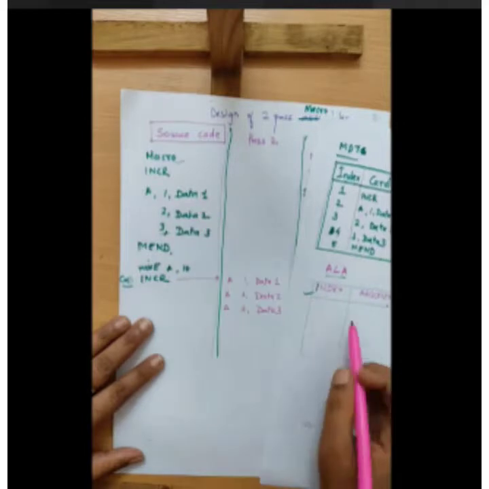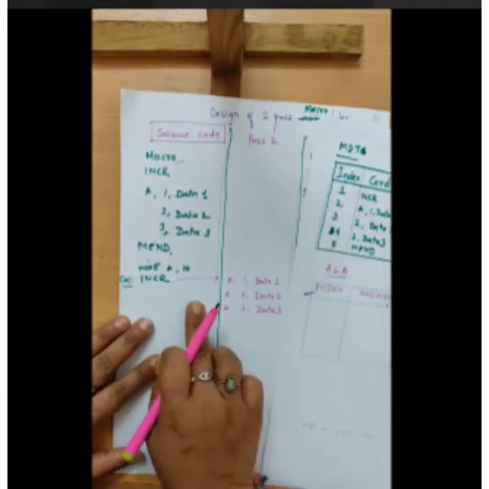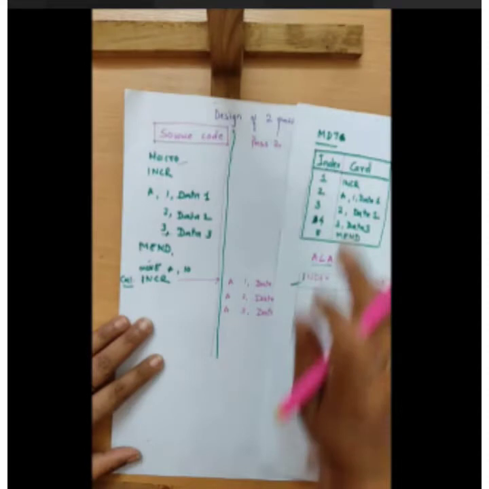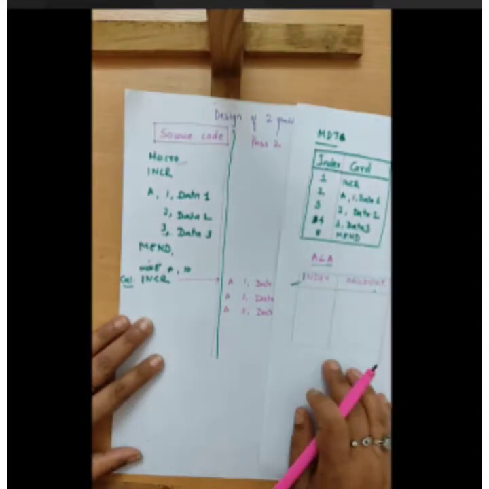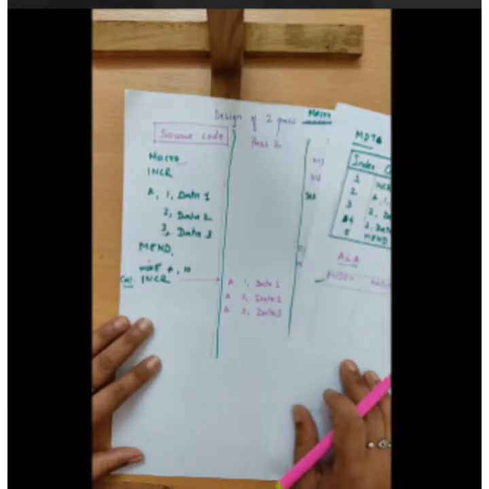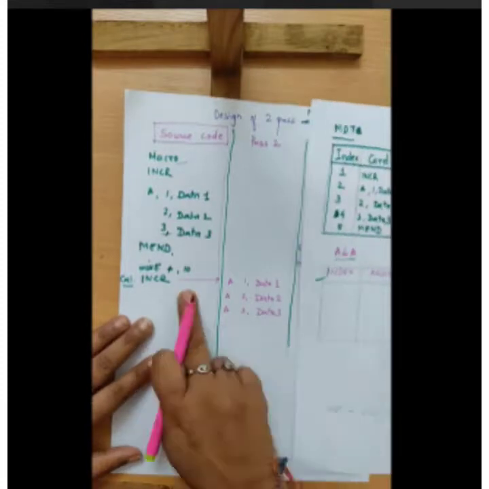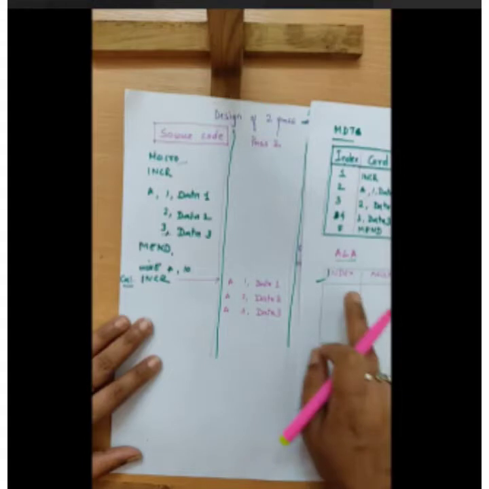Likewise, when all the macro definitions in the program are covered, then your pass 1 is completed and you move on to pass 2. Now because here we don't have any arguments, this table is blank.